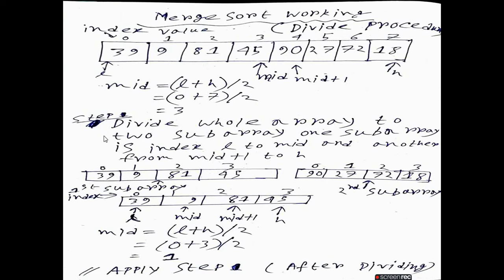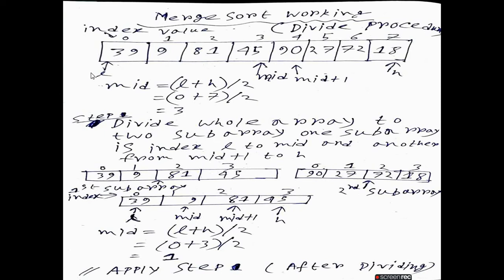Now what is written? Divide the whole array into two sub-arrays. One sub-array is indexed from L to mid. What is the mid value? 3. So mid is now pointing at 3. This is one sub-array, and this is the other sub-array. So we have divided it into two parts.